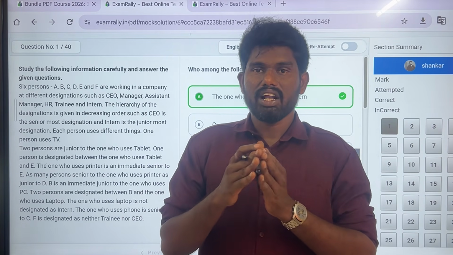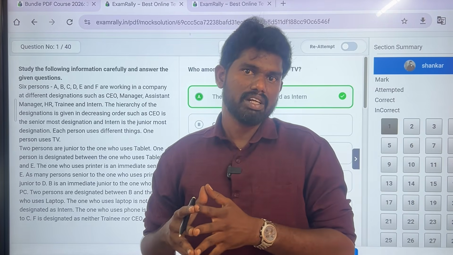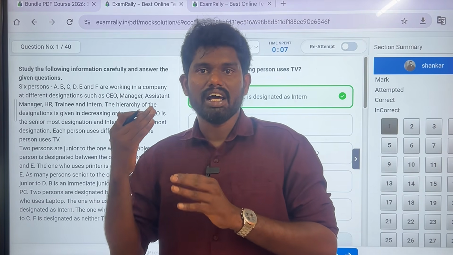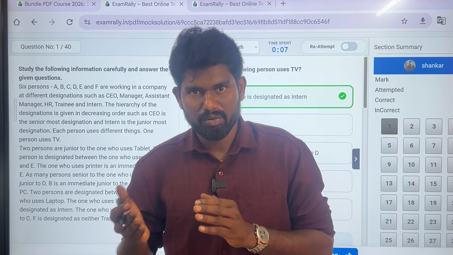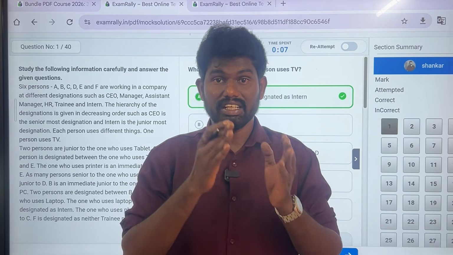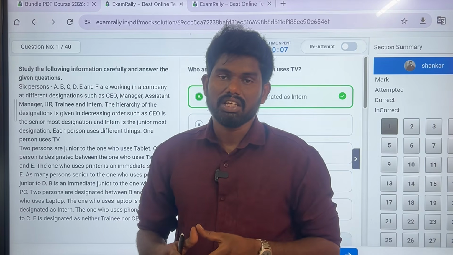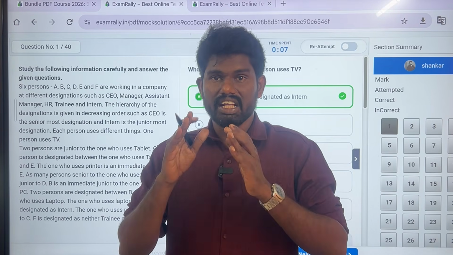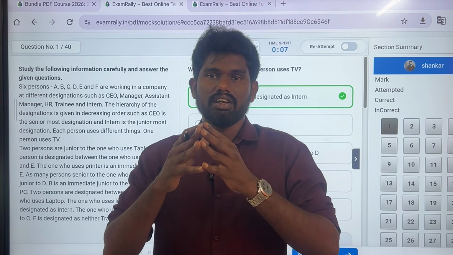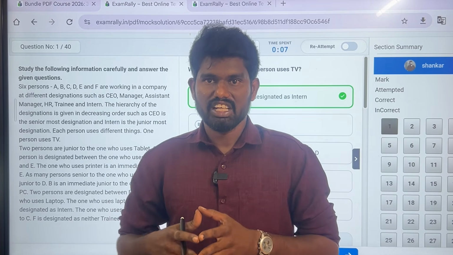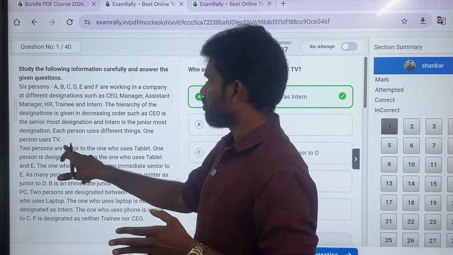Suppose you already solved the first and second statements but don't get an idea from the third; combine the third and fourth statements and you will get some idea to solve the question. This is the most important thing in real IBPS exams.